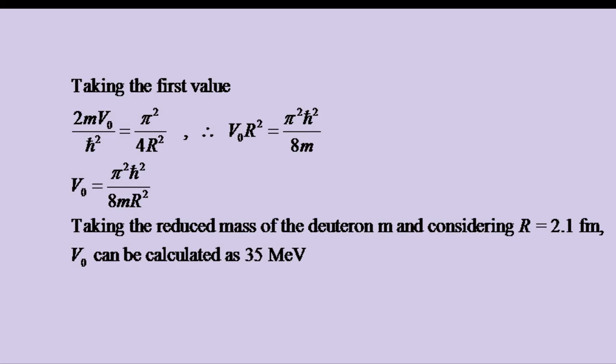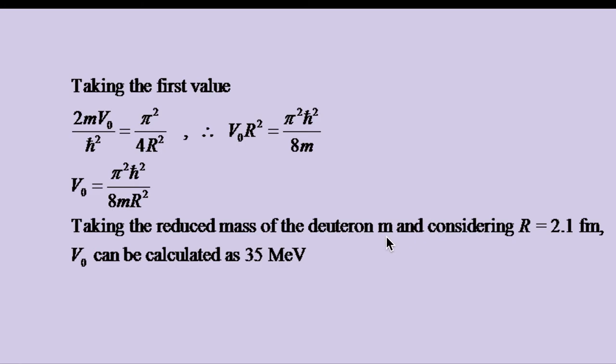And taking the first value, you can write 2m V0 by H cross square is pi square by 4R square, or V0 R square you can write as pi square H cross square by 8m, or V0 you can write as pi square H cross square by 8m R square. And taking the reduced mass of deuteron m, how can you calculate m?